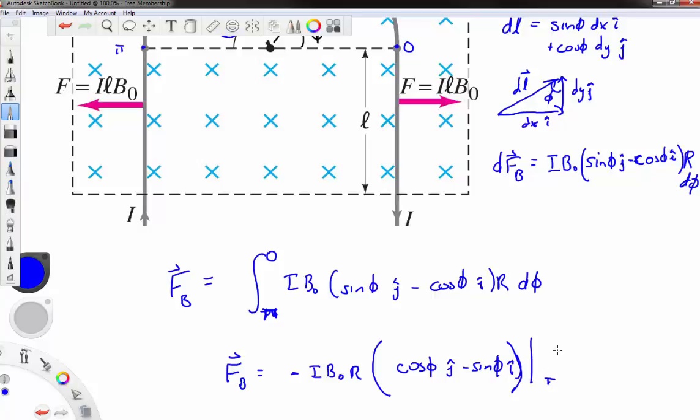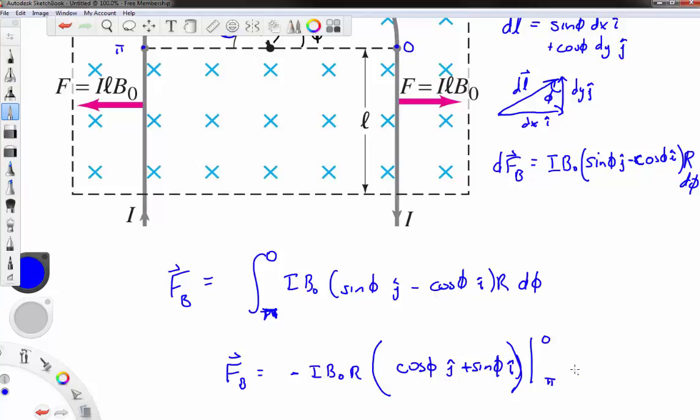And all of this is being evaluated from pi to 0, or from 0 to pi, however you want to do it. So obviously when you put this in for the sine, this is now a plus because we took the minus out. When you put this in for the sine, you're going to get 0 in both cases. For the cosine, you're going to get 1 and minus 1.